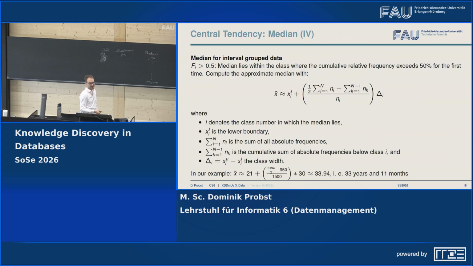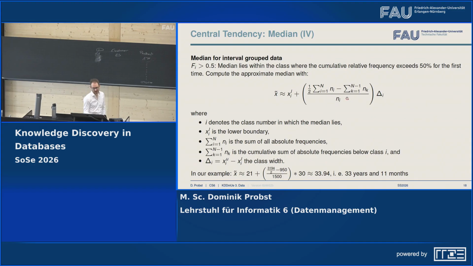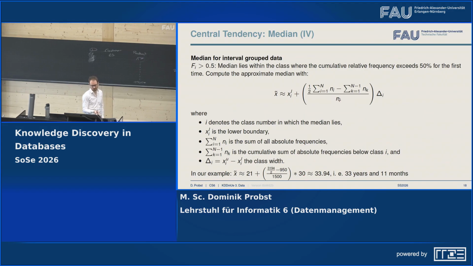And then divided through the number of values in the group. In our example, we end up, not in the group, up to that group. We end up with 33.94 years for our example.